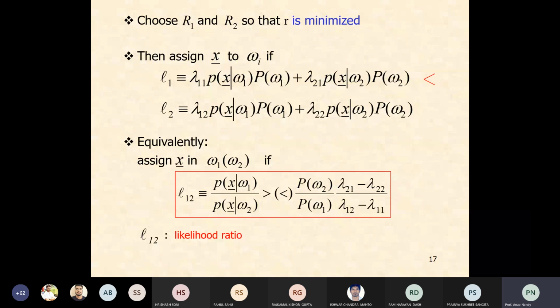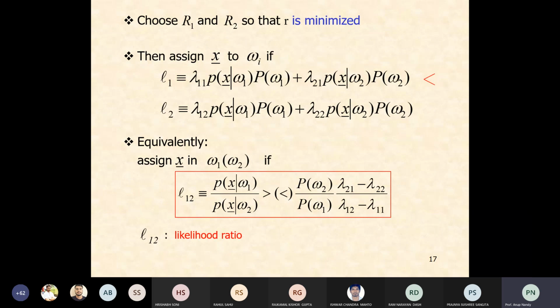Now, if you adopt these assumptions, this decision rule for a two class classification case becomes: you can assign x to w1 or you can assign x to w2 depending on the likelihood ratio. The likelihood ratio L12 is equal to P(x|w1) divided by P(x|w2), which are just density functions.